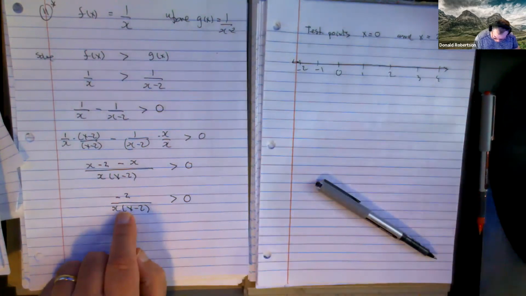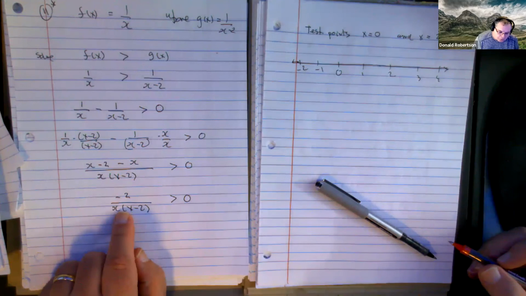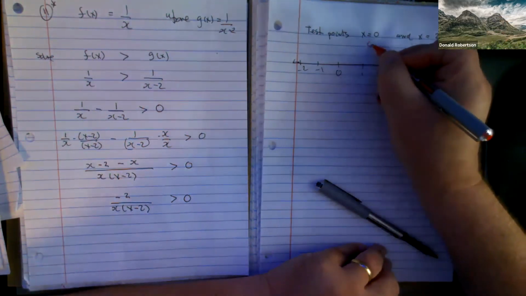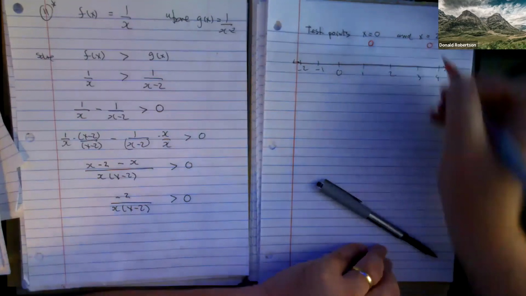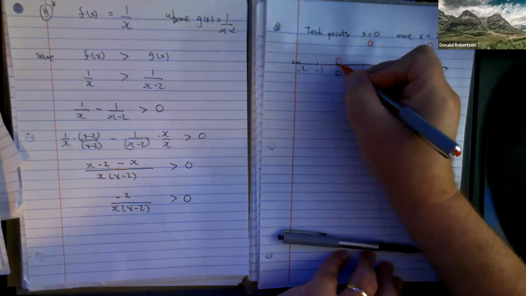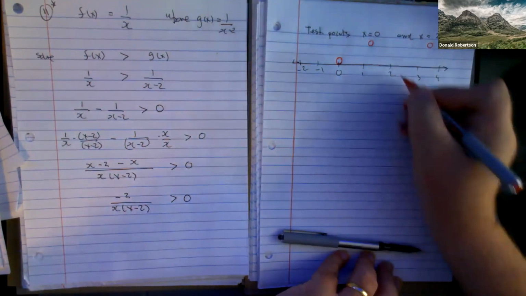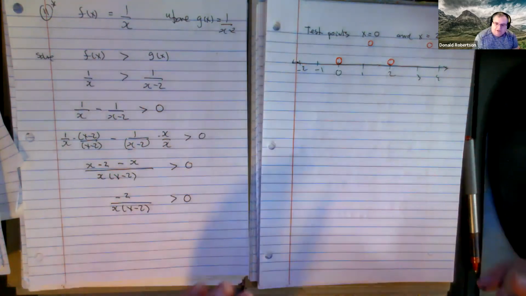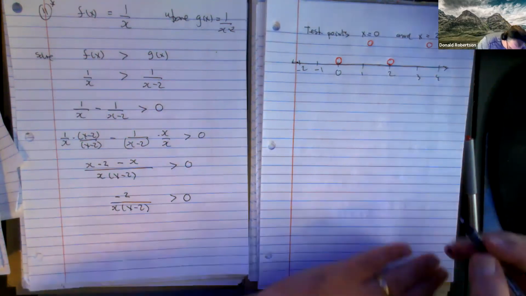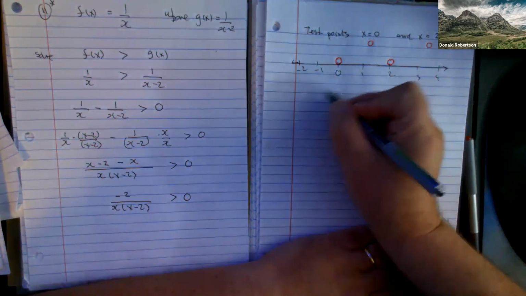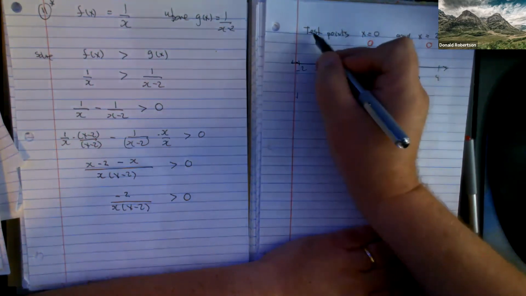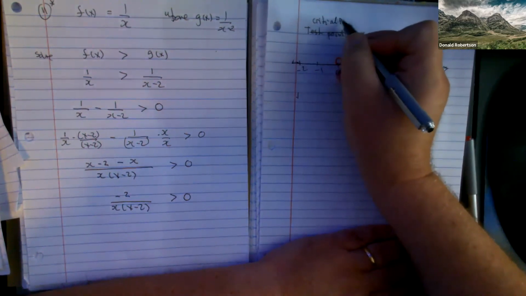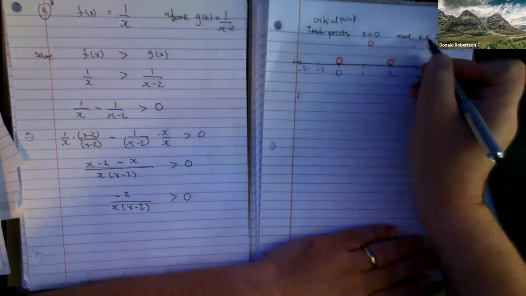Now, since it is a fraction and both of these are on the bottom, these two are open circles. You cannot use either of those two values. So I can't use 0 and I cannot use 2, right? So they're going to be curved brackets when 0 and 2 are mentioned in a solution. So test points are going to be, well, by the way, I called that the wrong name. These are called critical points.